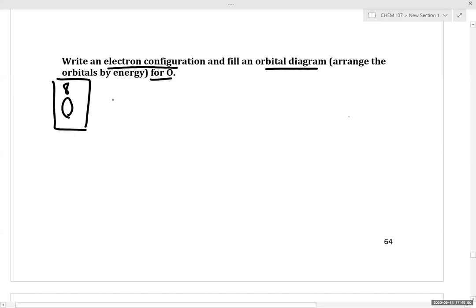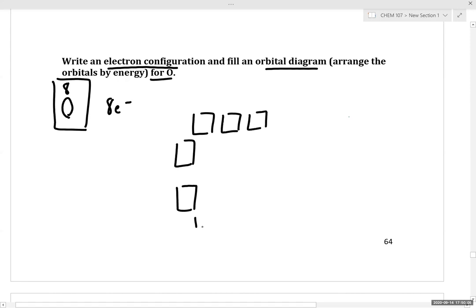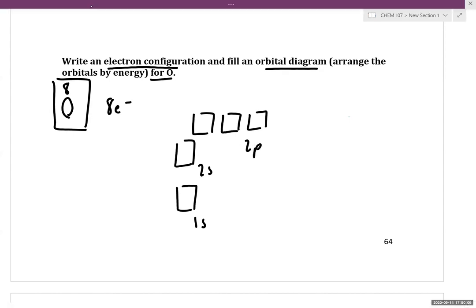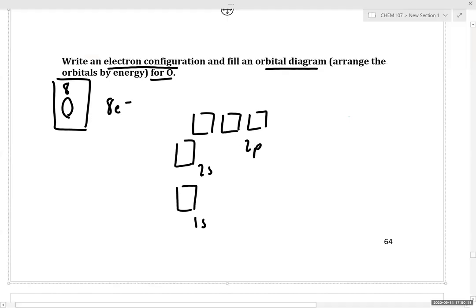So we have 8 electrons to work with. We're going to write out our orbital box diagram. 1s, 2s, 2p.